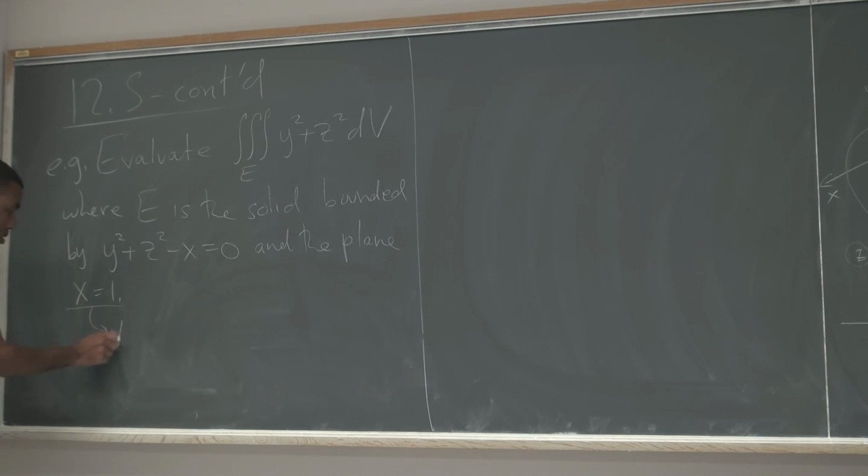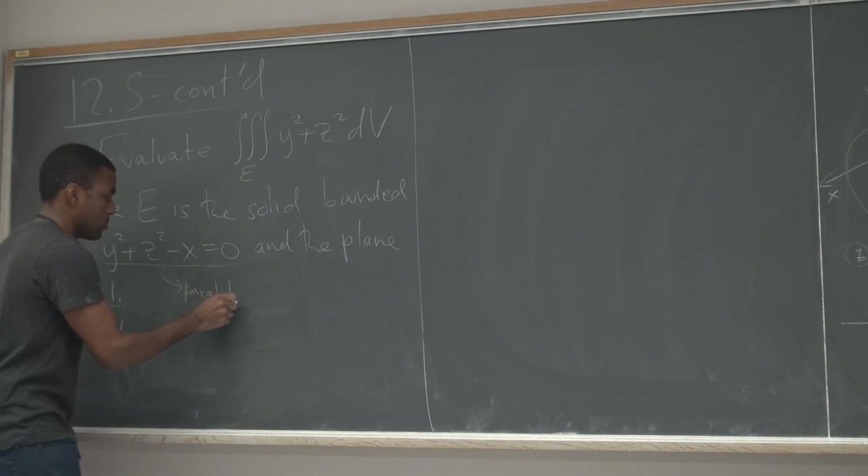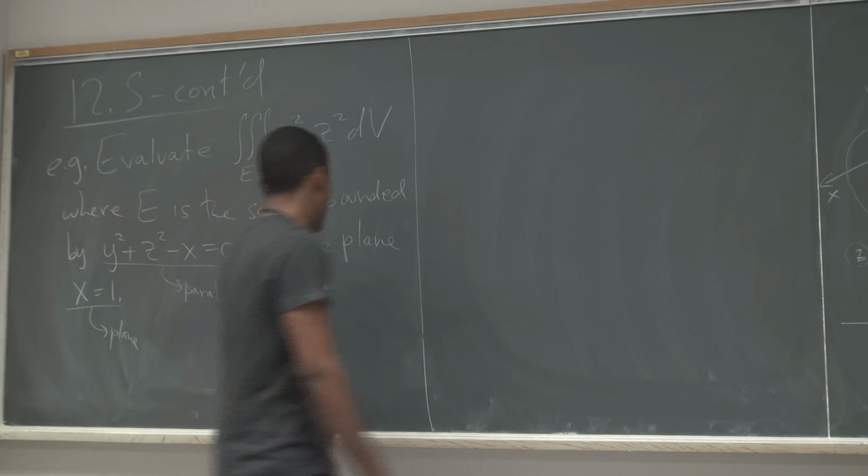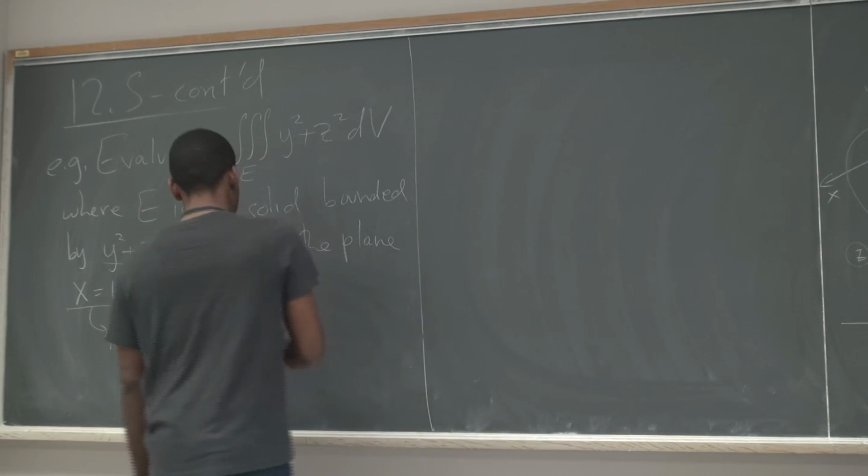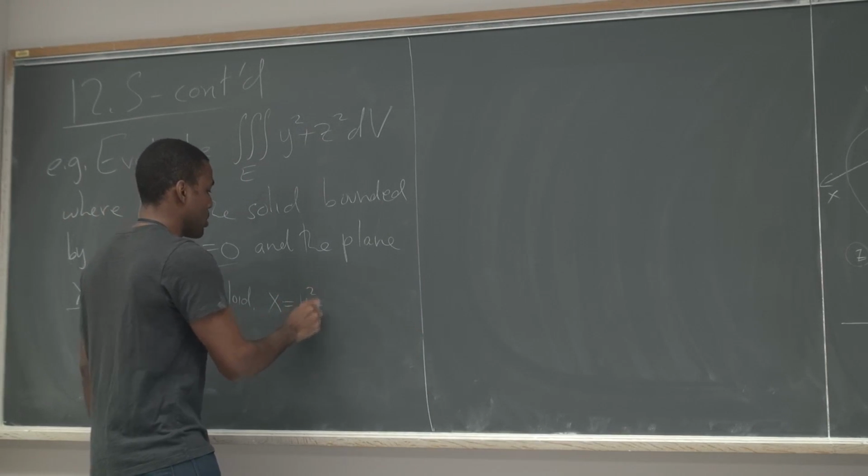It's a plane. What kind of surface is that? Paraboloid. Good, like the reaction time. So you think of it as x equals y squared plus z squared.